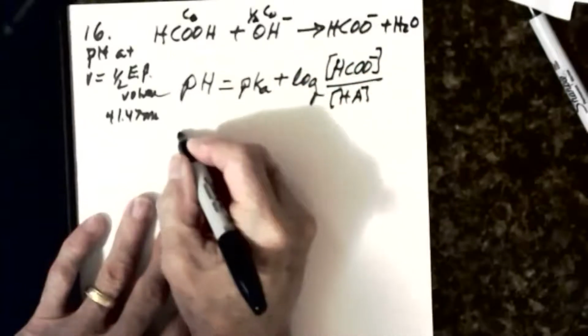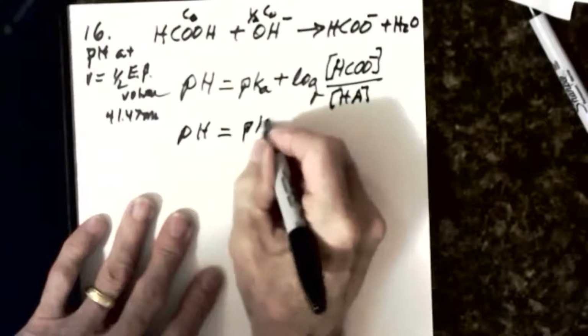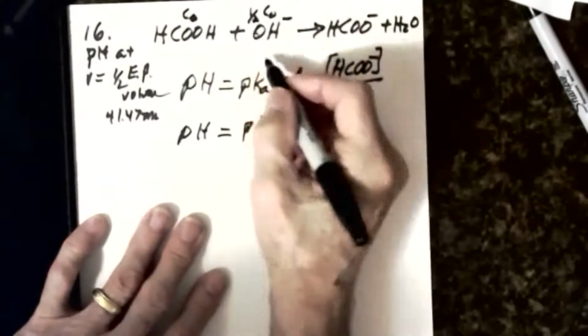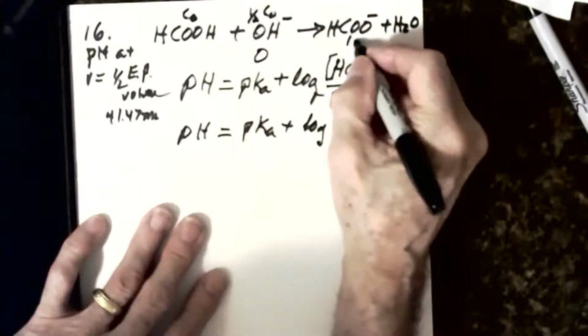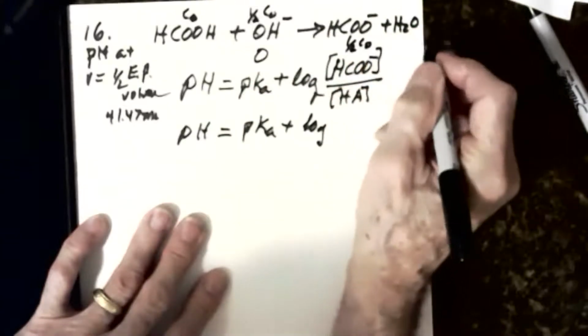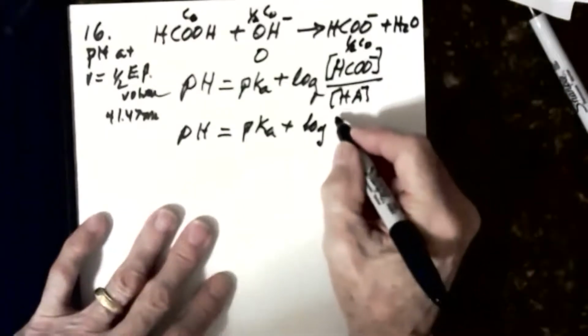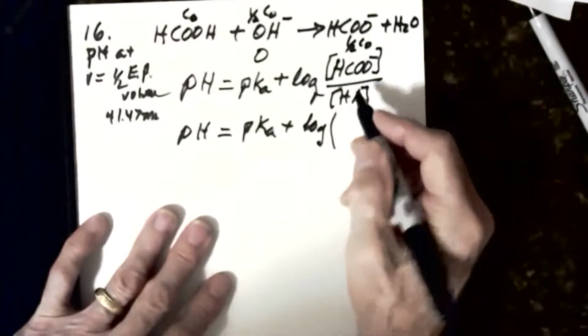So let's put these in now, and you'll see pH is going to equal pKa plus the log. Now what's going to happen? This is going to be 0, and this is going to be half C0, again divided by the volume, but we know that's not going to matter. So the HCOO minus concentration, all of it minus half of it, is half of it, 1/2 C0 again.